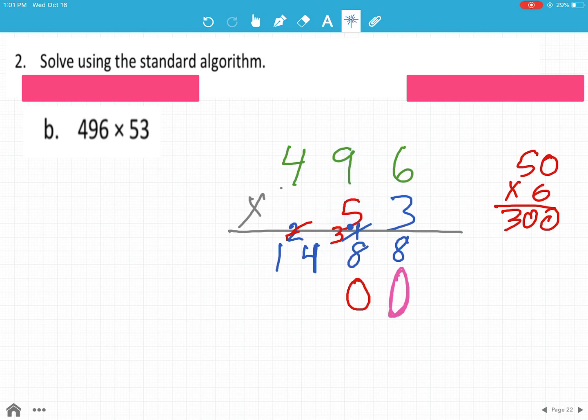So 9 times 5 is 45, plus 3 is 48. And we put the 4 over here. Now we have 5 times 4 is 20, plus the 4, that's 24.